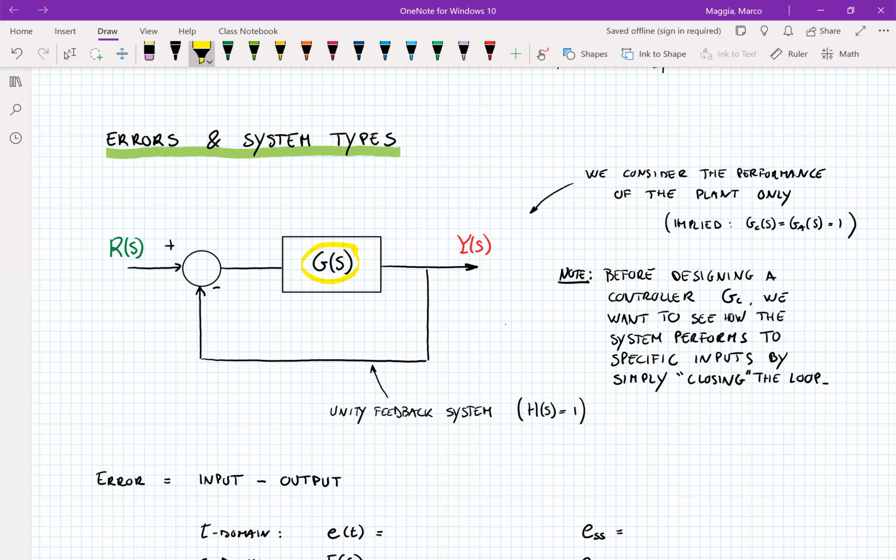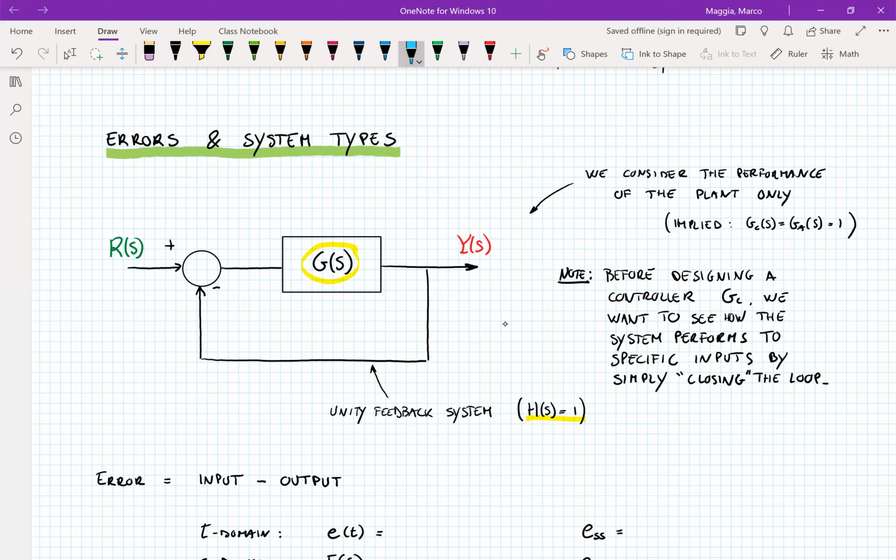As I said last time, we're going to consider only unity feedback systems. That is, we don't really see a sensor, but the sensor is there. It just means that the sensor is perfect, or the transfer function associated with the sensor is equal to 1. Now, what is the error?